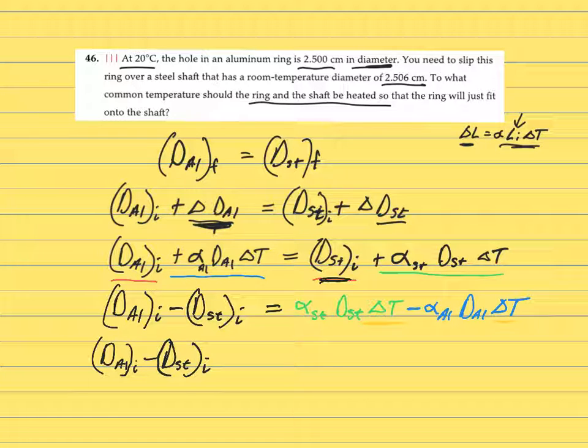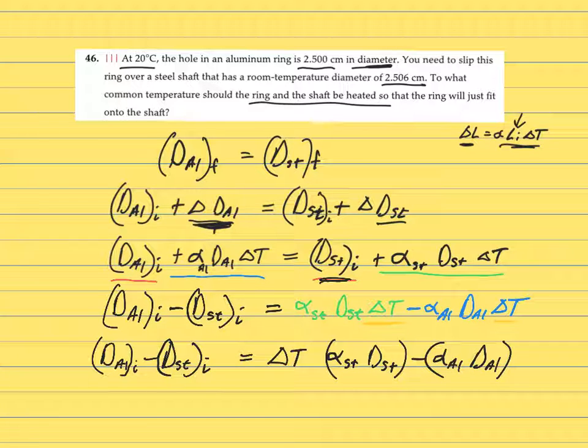Just leave me alone, would you? So if I factor out a change in T, I'm going to have a coefficient of steel multiplied by the diameter of the steel minus coefficient of aluminum times the diameter of aluminum.